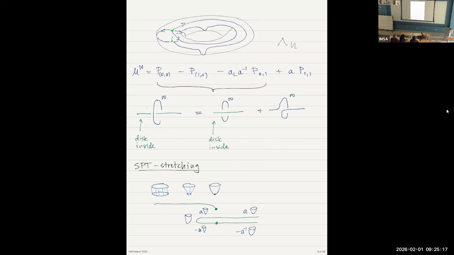Anyway, there are 4 such curves, and I'm drawing them schematically on the Legendrian. They really live in Lambda_U times R, but I project them to Lambda_U. There are 2 green dots, which are the endpoints of this Reeb chord. They go from the positive Reeb chord endpoint to the negative one, and you see the 4 curves.